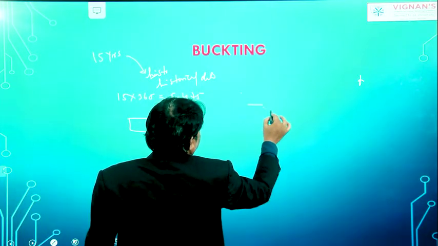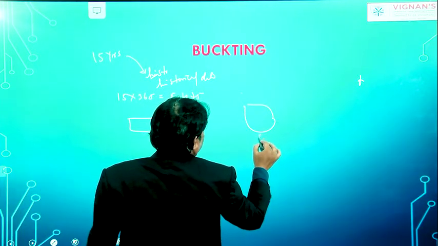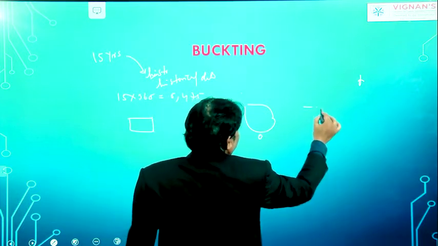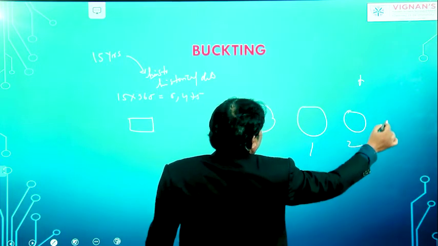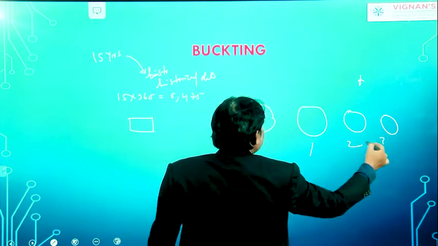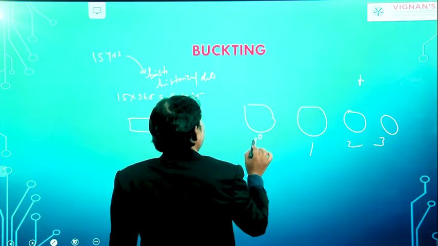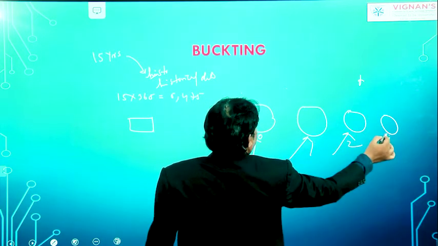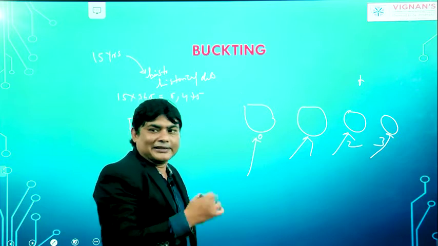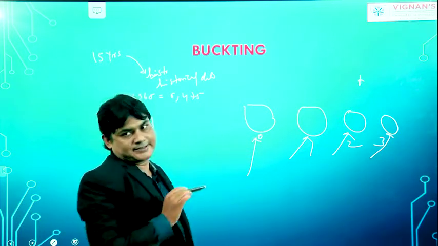Suppose I am creating bucket number 0, bucket number 1, bucket number 2, bucket number 3. In these buckets I am going to have more data, like this. It means your data is scattered among the buckets.